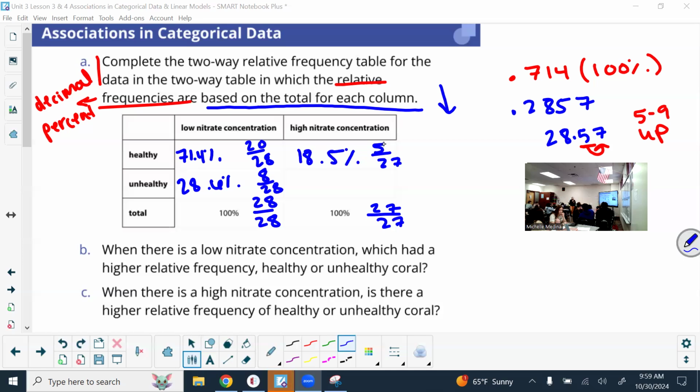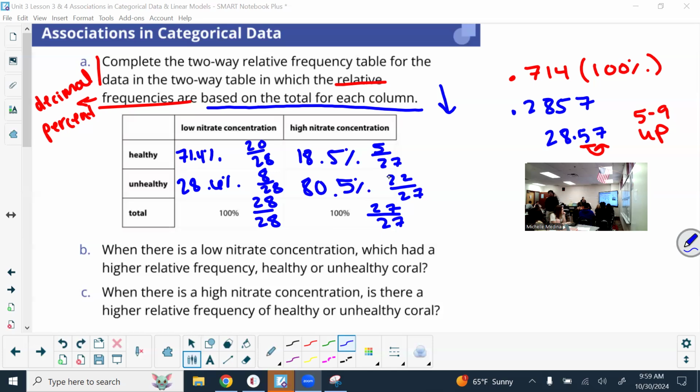Table 1. What about what's missing here? What percent should go here? 80.5%. What did you divide to make that happen? 2. All right, so I'm just going to make sure that we're rounding right. It's all I'm checking for.